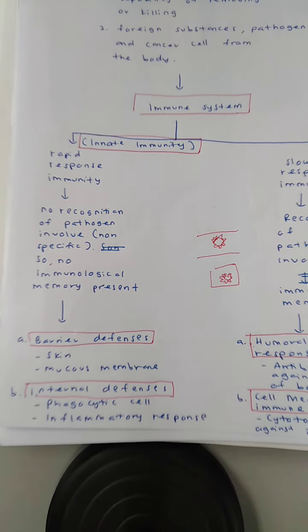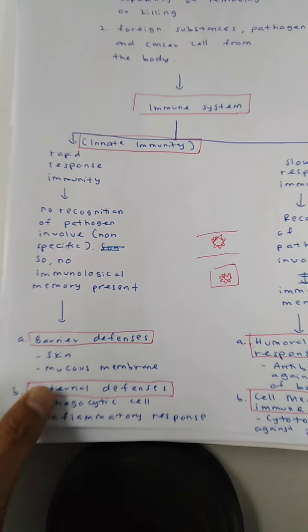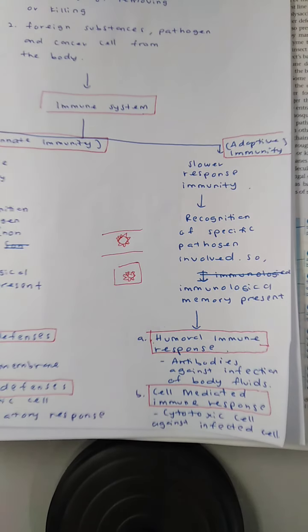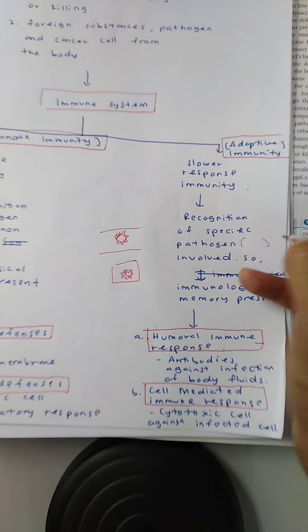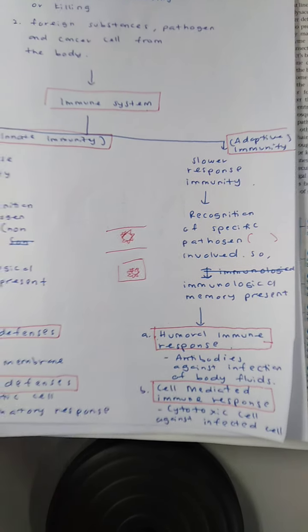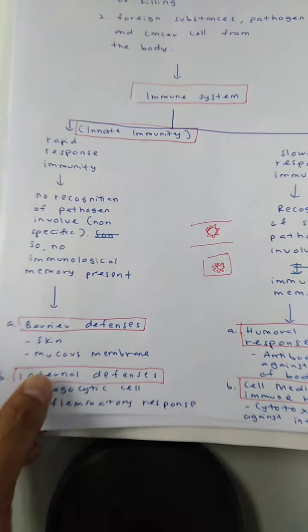Innate immunity does not need any recognition of the pathogen, but the adaptive immunity requires the specific recognition of the specific pathogen. So kamu bubuh kurungan dekat sini, a specific response. Ini non-specific.